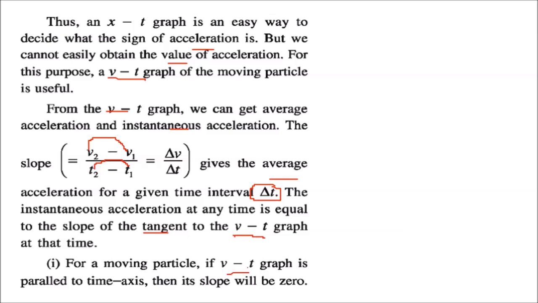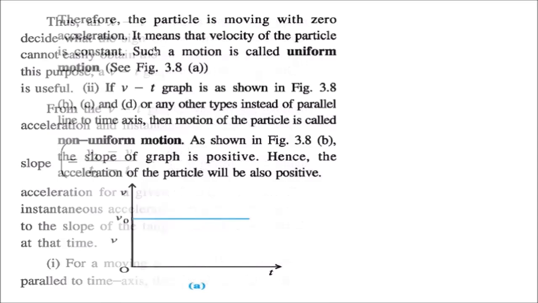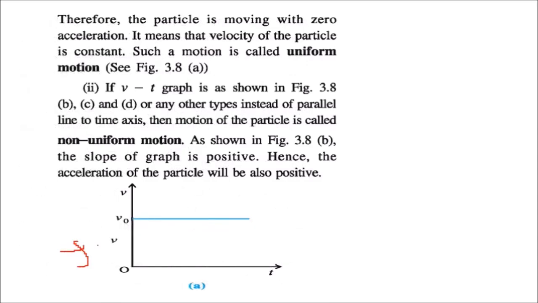In the next scenario, in a vt graph, any other type of graph instead of this parallel line, the motion is known as non-uniform motion. Let us see a figure where the slope of the graph is positive. If the slope is positive, that means the acceleration of the particle is positive.